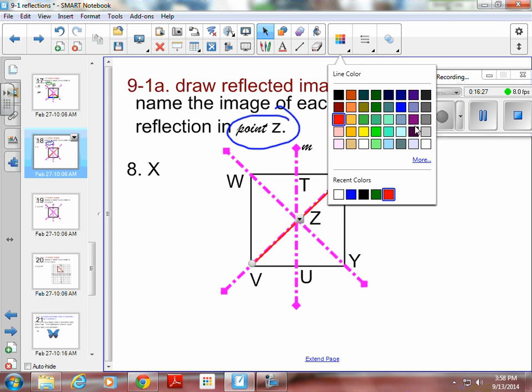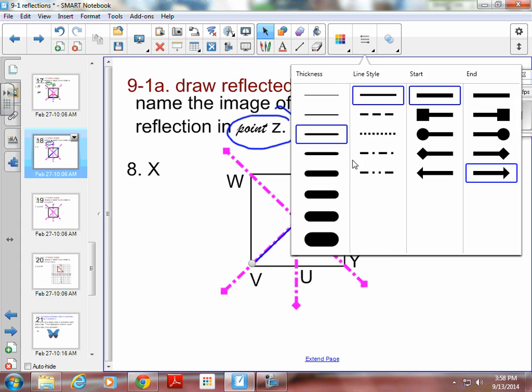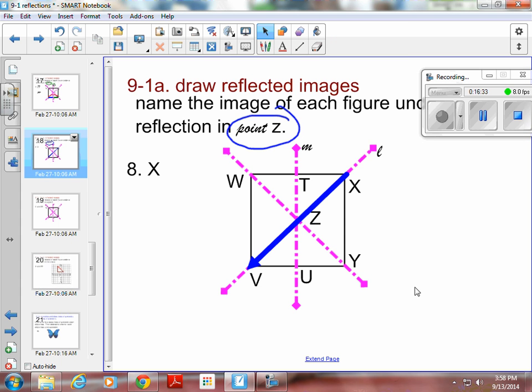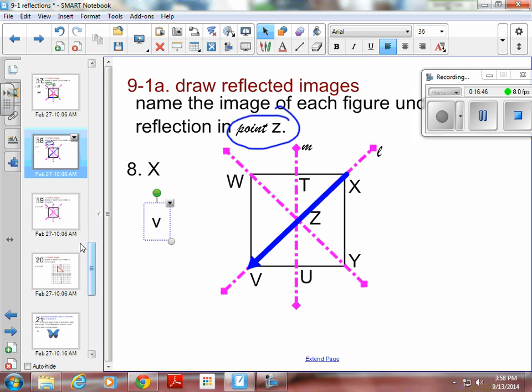Maybe I'll change colors too. Go to a dark blue and make it thicker. Okay. So X through Z goes to V. They would be the same distance across, and you have to go through the point you're reflecting on. So this would just be a point V. So X reflects to point V.